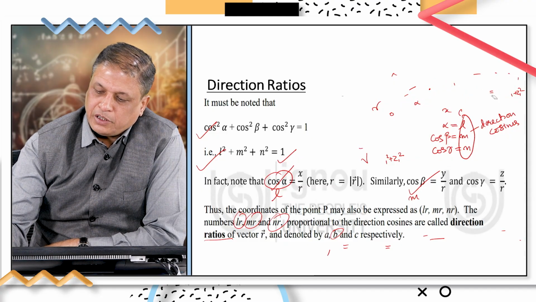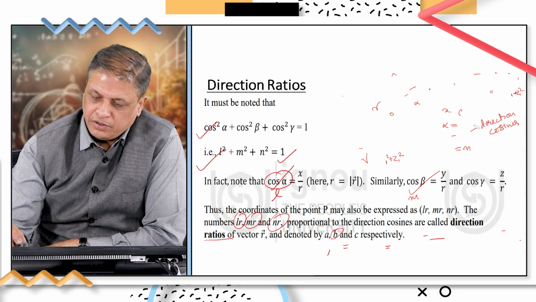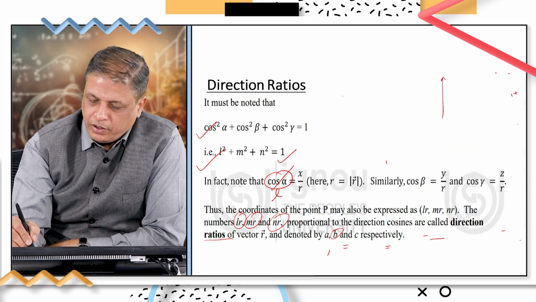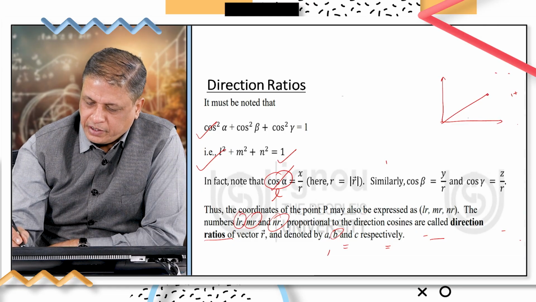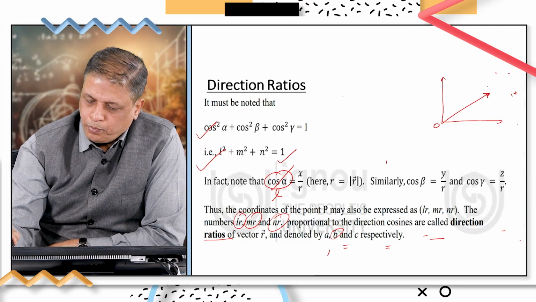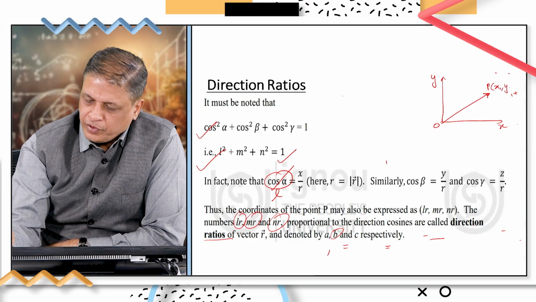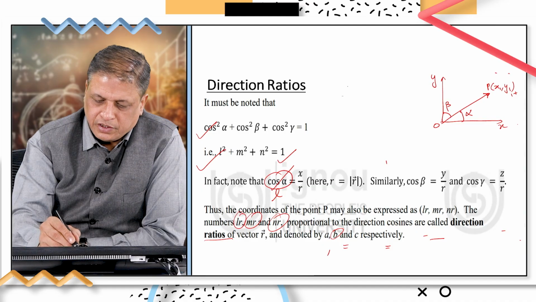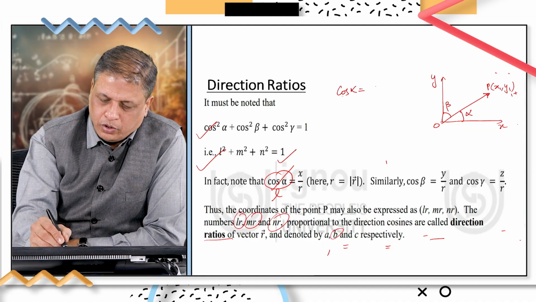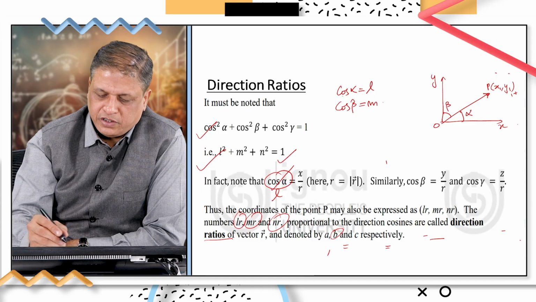and this vector is subtending some angle with x-axis, y-axis and z-axis. So, we are having a vector. For the sake of understanding, say we take a two-dimensional system, OP, with xy coordinates x1, y1, and this is subtending, say, angle alpha with x-axis and beta with y-axis. Then cos alpha is equal to L and cos beta is equal to M, and they are the direction cosines.